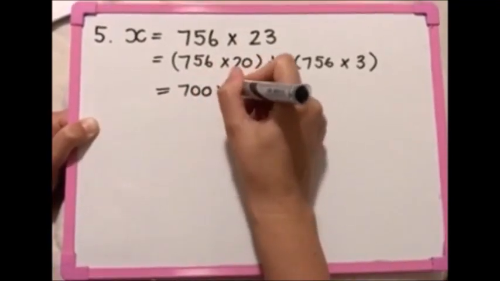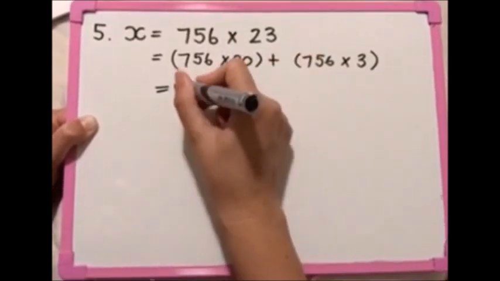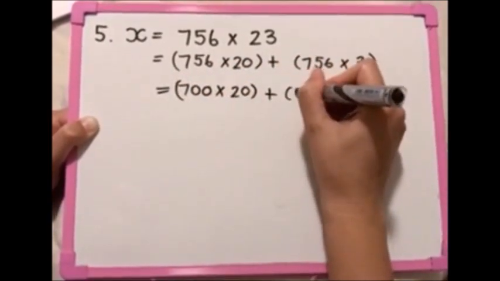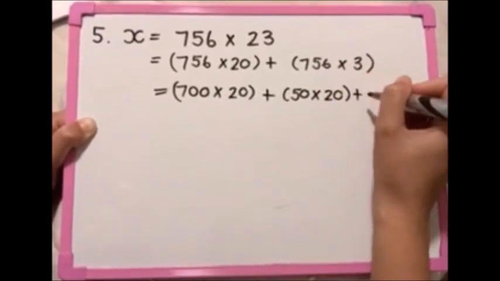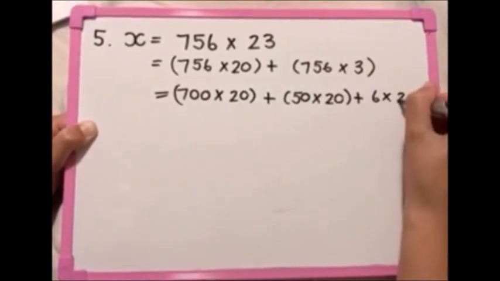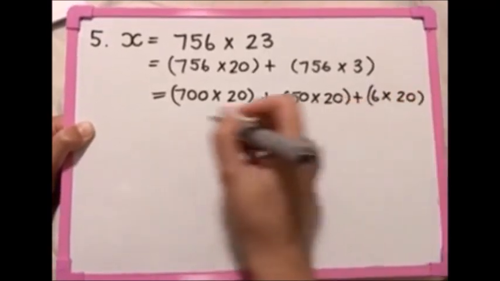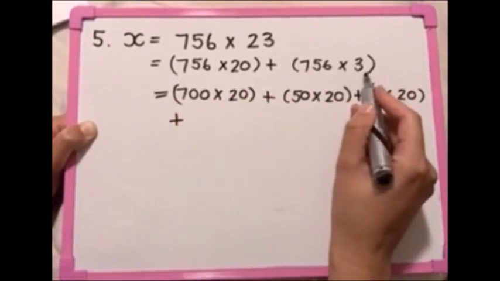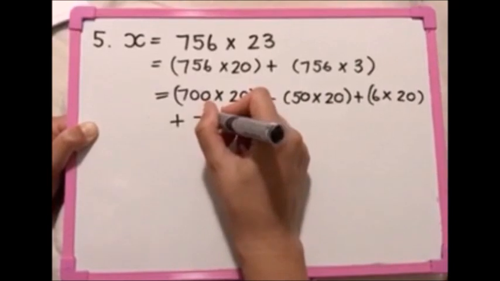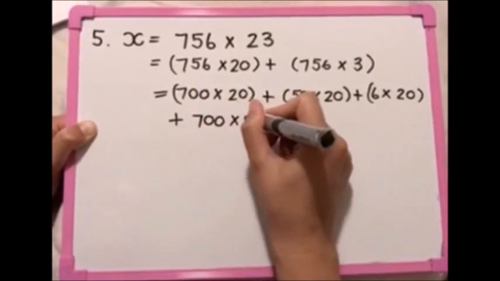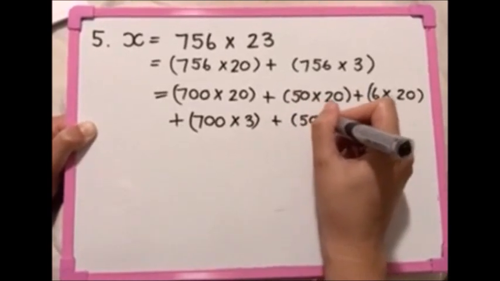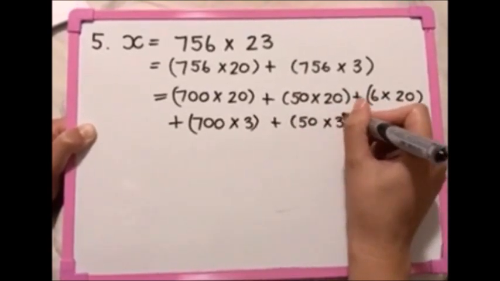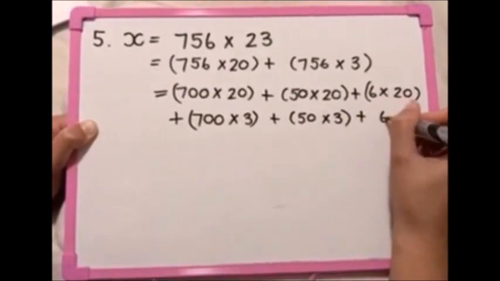So 700 times 20 plus 50 times 20 plus 6 times 20. We have thus multiplied the whole number with 20. 700 times 3 plus 50 times 3 plus 6 times 3.